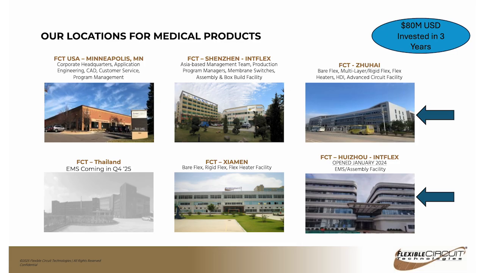And underneath that is our newest EMS campus, which is absolutely amazing as far as the technology and the high-speed equipment that we have there for quality medical manufacturing. In addition to this tariff situation that has popped up over the last handful of months or quarters, we have a roadmap and currently are looking at expanding our operations into Thailand as well to offer additional flexibility to our medical partners.